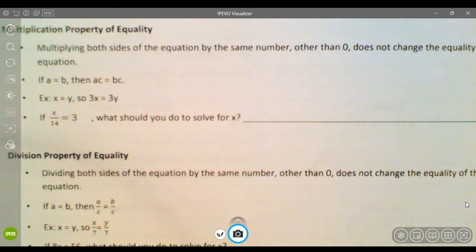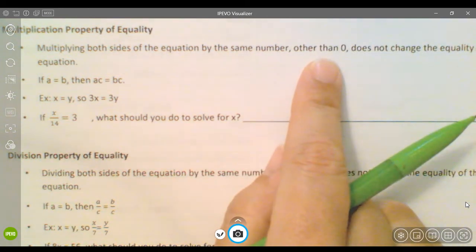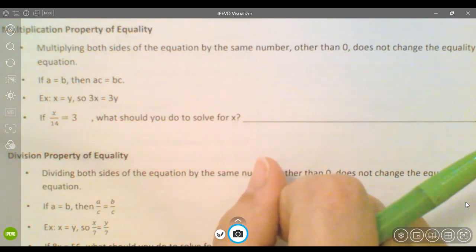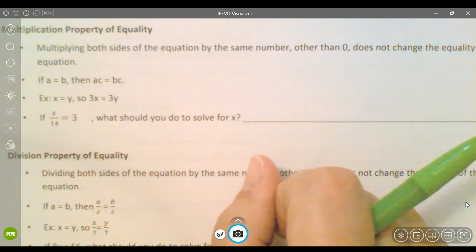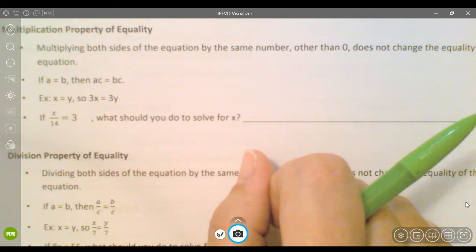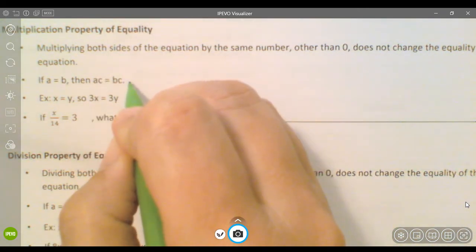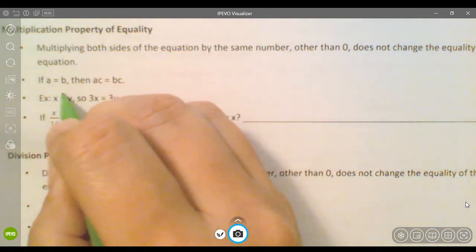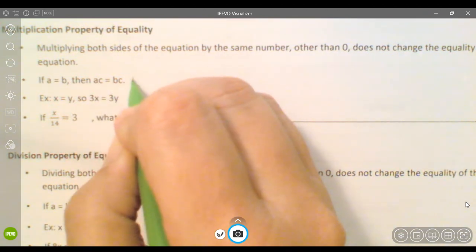All right. Multiplication property of equality. Multiplying both sides of the equation by the same number other than 0 does not change the equality. Once you multiply by 0, everything zeroes out. There's no variable, there's nothing there, there's nothing to solve. Here we're saying if A equals B, then AC equals BC.